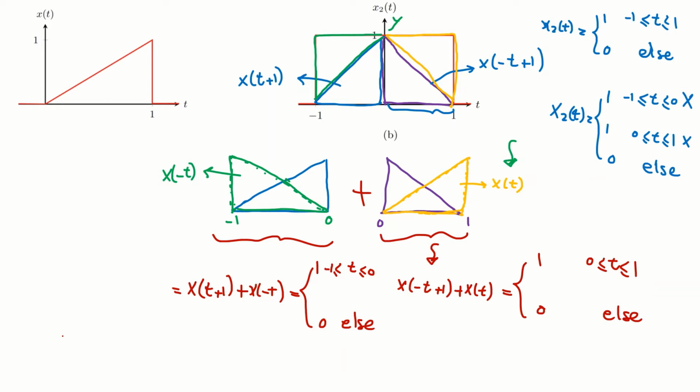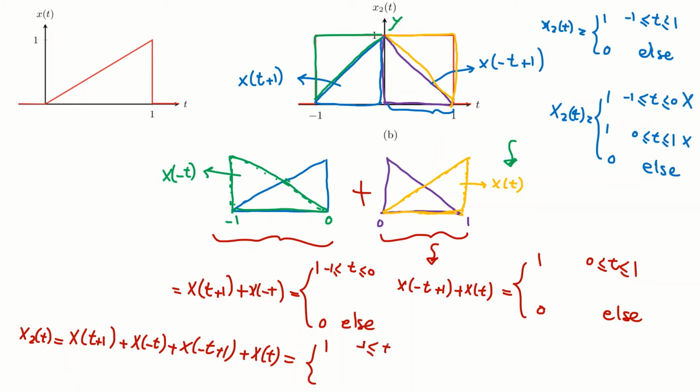Let me write it here: x2t equals x of t plus 1 plus x of minus t plus x of minus t plus 1 plus x of t, and we can say this is 1 for interval between minus 1 and 1, and it is 0 for t smaller than minus 1 or for t larger than 1.